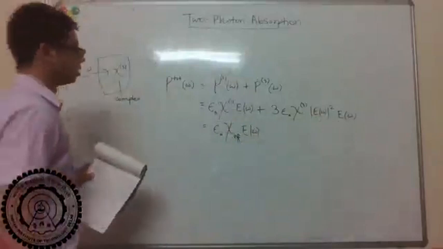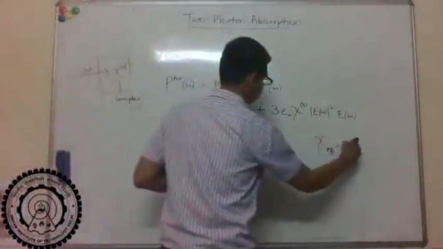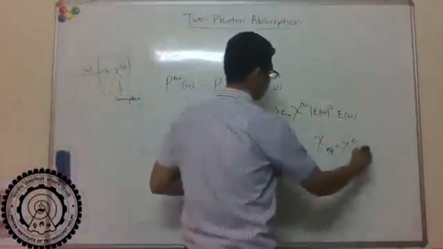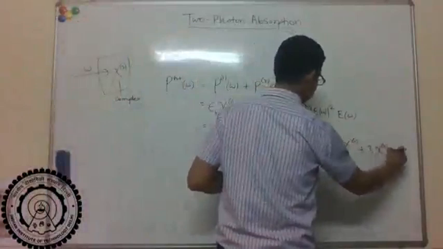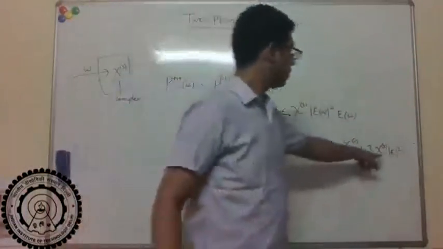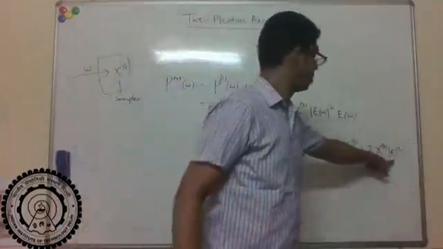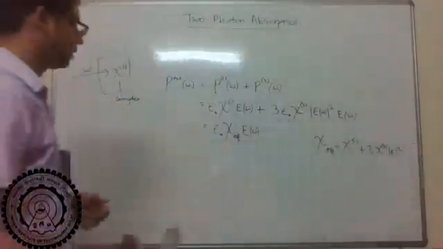And so chi effective is the linear term plus this third order term times the mod square of the electric field, which is proportional to intensity, right?